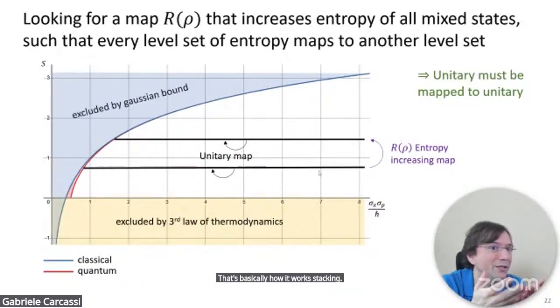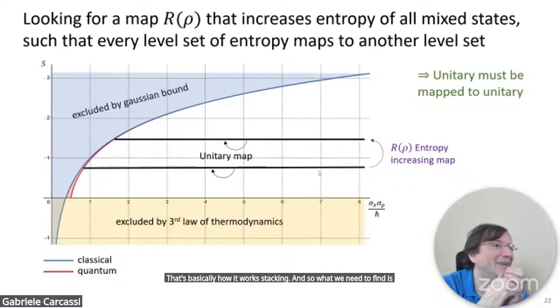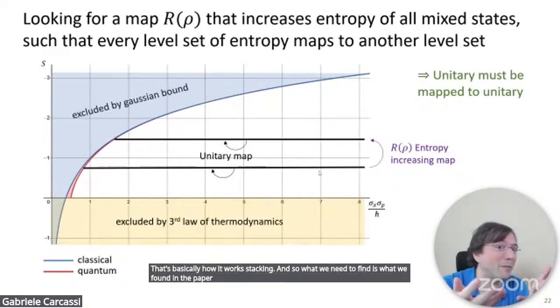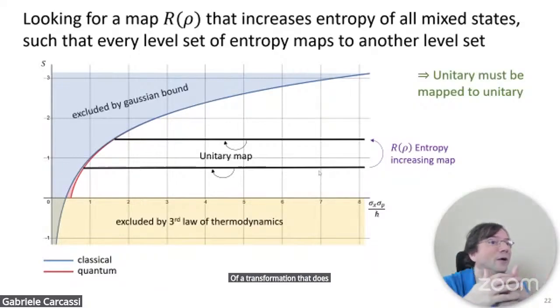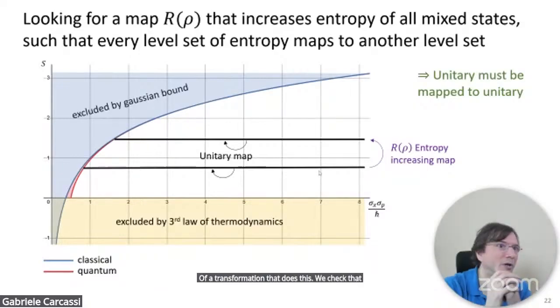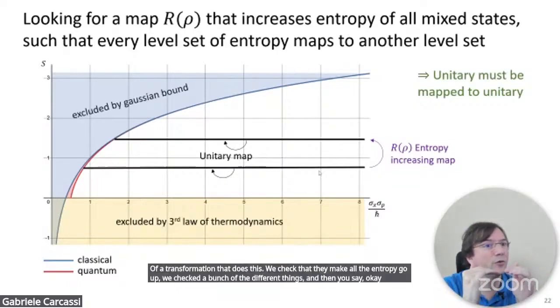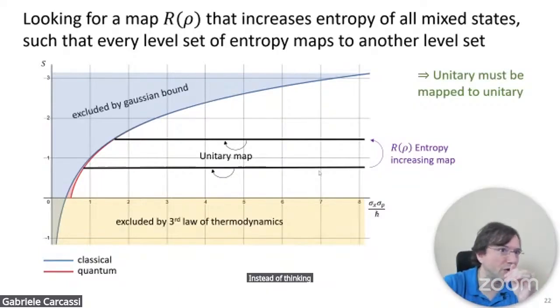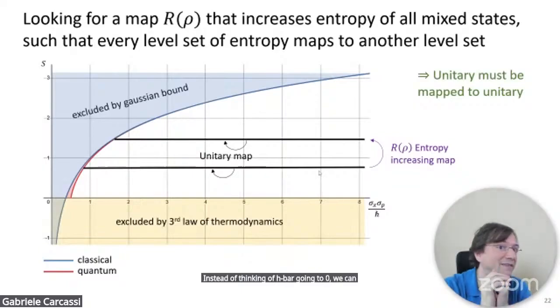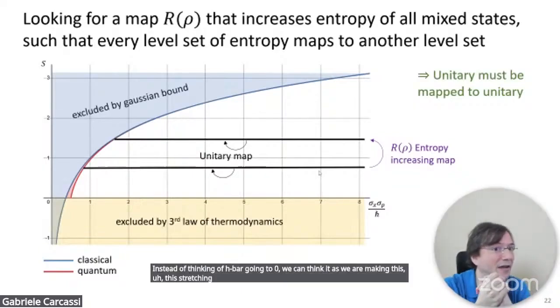And so what we found in the paper is an example of a transformation that does this. We checked that it makes the entropy go up. We checked a bunch of the different things, and then you say, okay, instead of thinking of h bar going to 0, we can think of it as making this stretching higher and higher, going to higher and higher entropy.